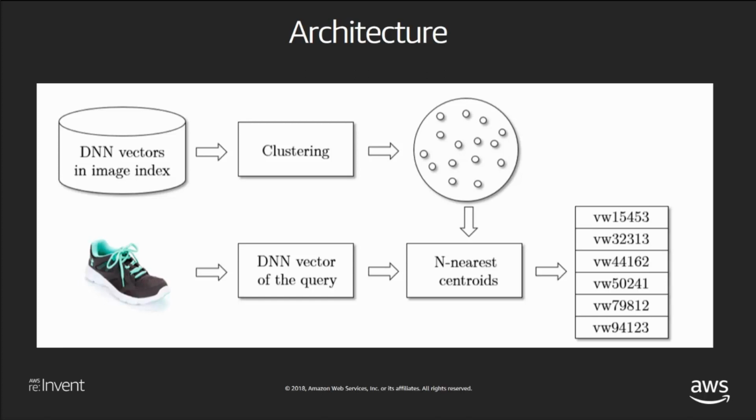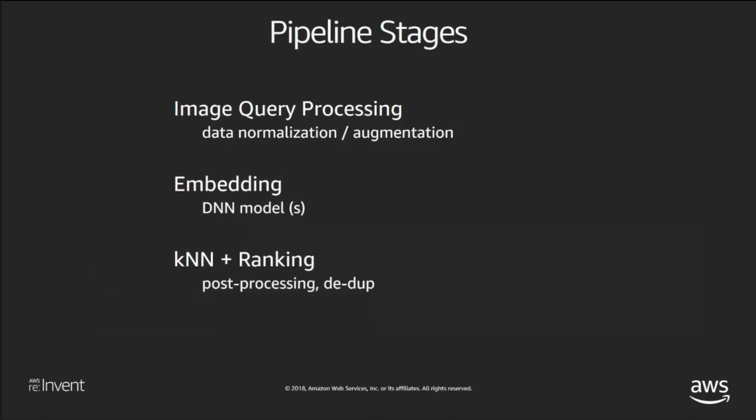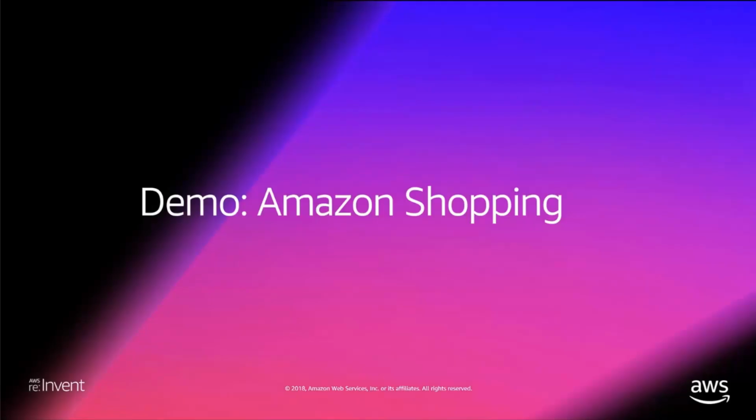As new images come in, you run them through the convolutional neural net and get a hash. That is the pipeline. First you run your image normalization and augmentation, then you do your embedding, essentially passing all your images through the neural net. Finally, you use k-nearest neighbor, which is a clustering algorithm, plus ranking. Then you can look at the images yourself.